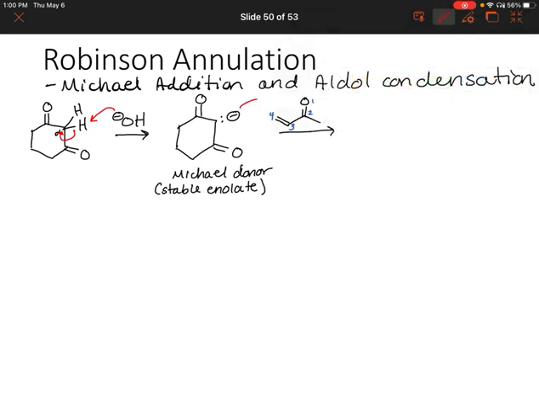All right, so let's show that. Okay, so now we've got our 2 ketones, and we're adding in our alpha beta unsaturated ketone, which will now be protonated in the next step to form an enol.